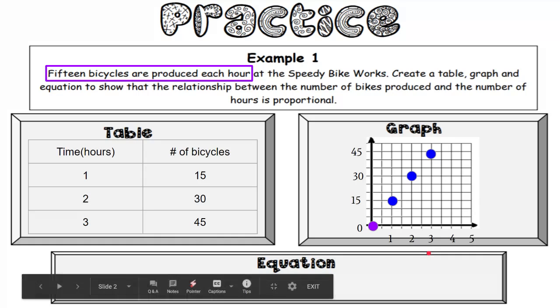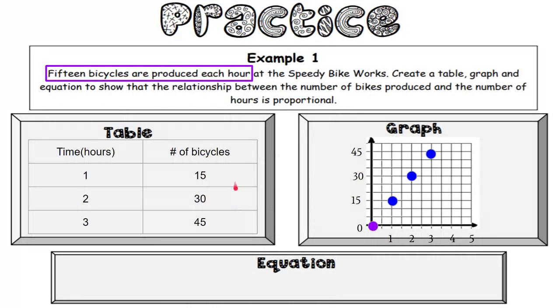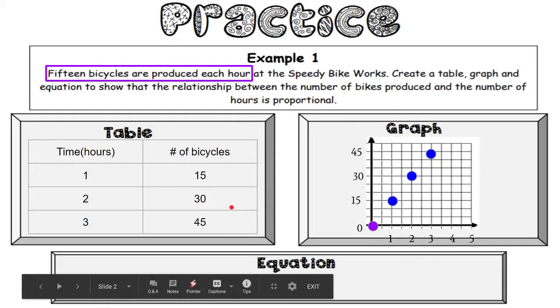If I take a look at my table, I can also see that it's a proportional relationship. If I take the change in y over the change in x, I see that it's going to be 15, which is my constant.